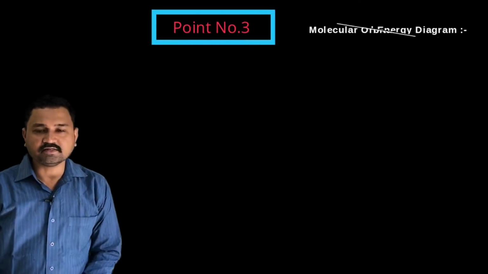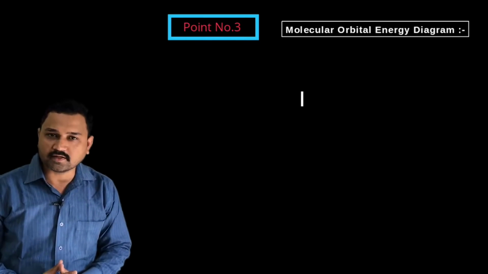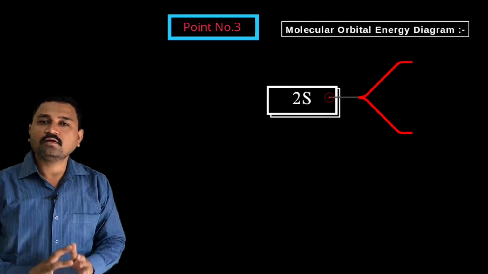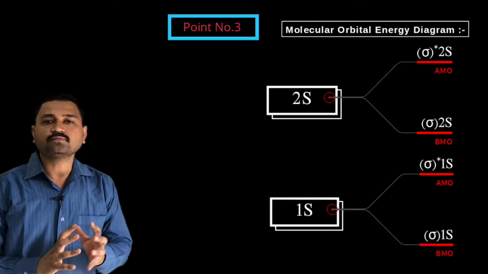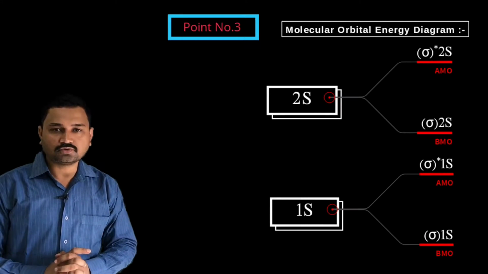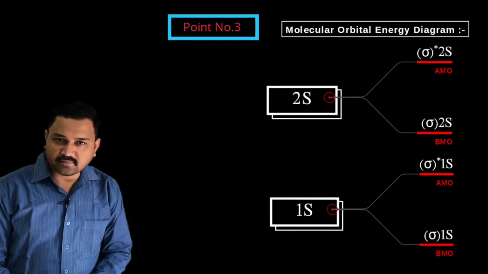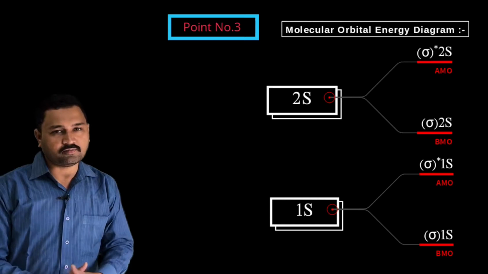Now, let us consider the third point, that is the construction of the molecular orbital energy level diagram for the diberyllium molecule. We know that the linear combination of the 2 1s and 2 2s atomic orbitals of each beryllium atom gives 4 molecular orbitals.